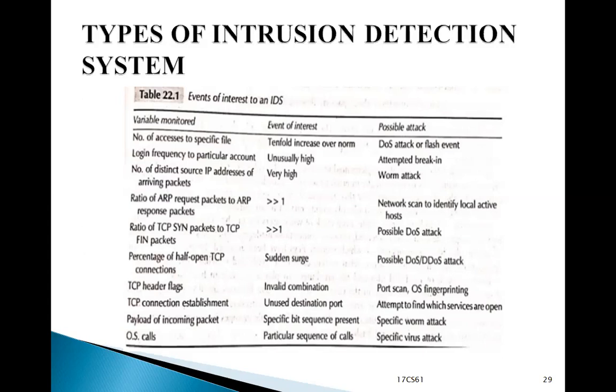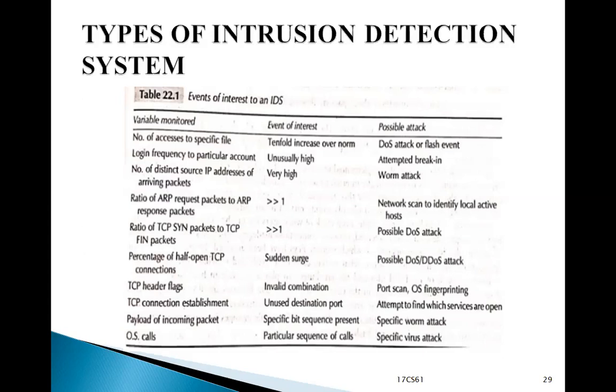In this table, events of interest means some of the variables are monitored over the network, and it is going to detect the possible attack that is going to happen, which is detected by this intrusion detection system.